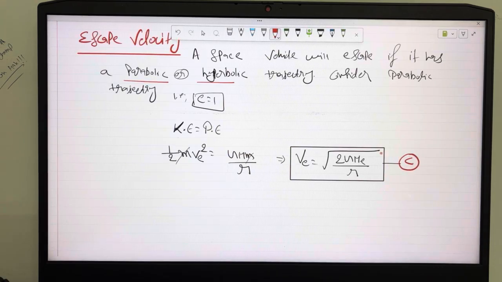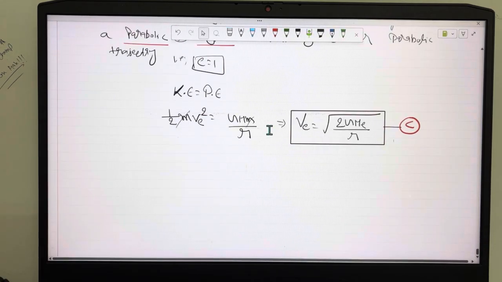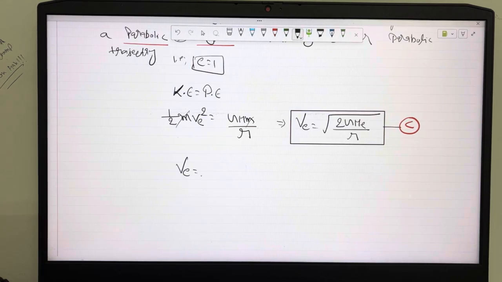This is equation number C. Now see, this escape velocity is root under 2 into root under GM by r.